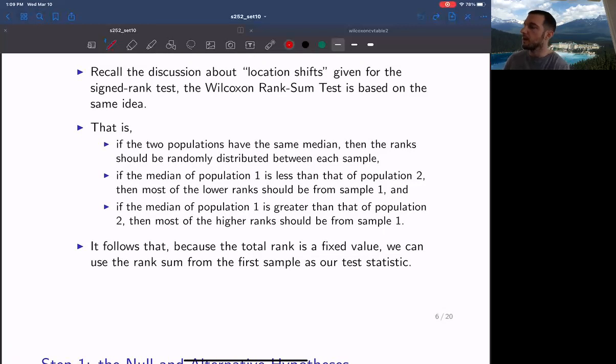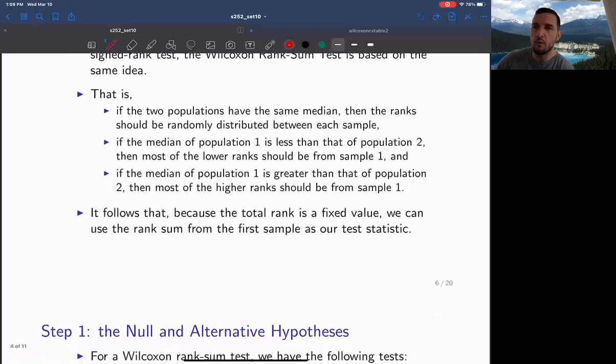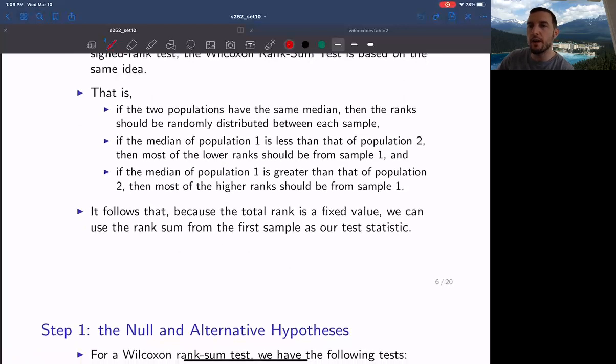Okay, in terms of taking the ranks of the data, we would have a number of expectations of how the sum of the ranks is going to behave under each of the different possible outcomes. For example, if you have two samples and you rank the data, you would expect the sum of the ranks from each sample to be about the same if the populations have the same median.